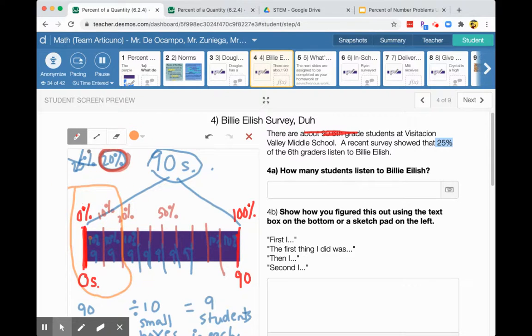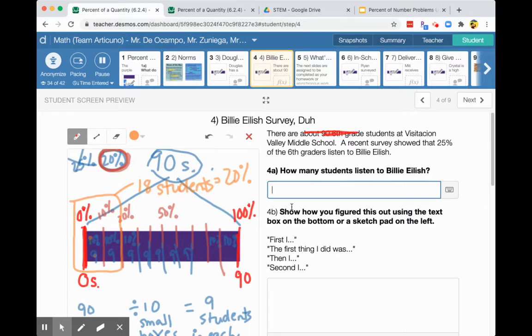So that has to be 18 students. 18 students, 9 plus 9, or 9 times 2. So this 20% is 18 students. So how many students listen to Billie Eilish? You can just say 18 students. Better to type the word. So that's how you do that one.